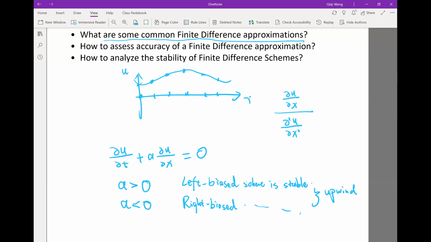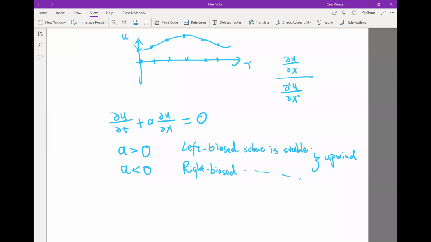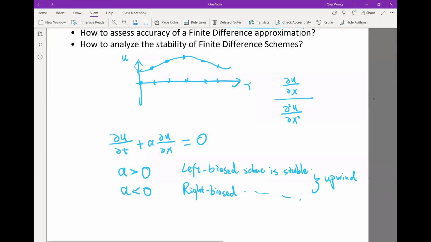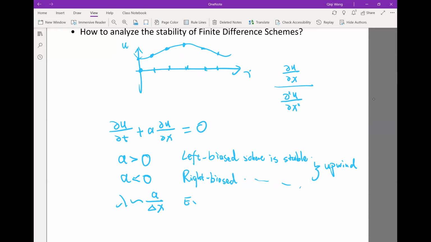Another consequence of this is that through the eigenvalue analysis, we know that the eigenvalues come out to be proportional, lambda being proportional to a over delta x, right? And if you use an explicit time integration scheme, that means my lambda times delta t is going to determine the stability, right?